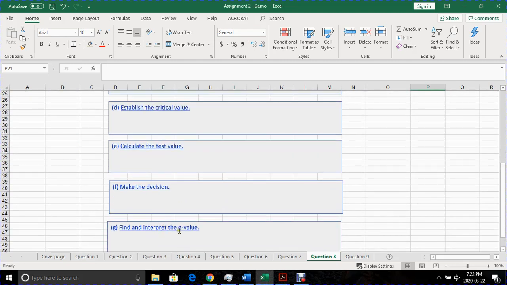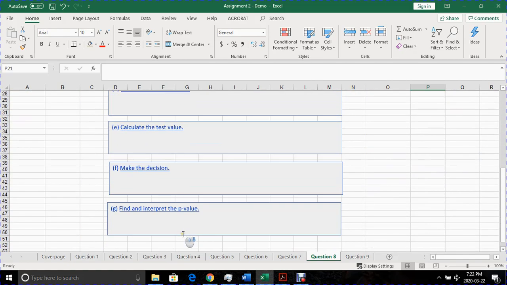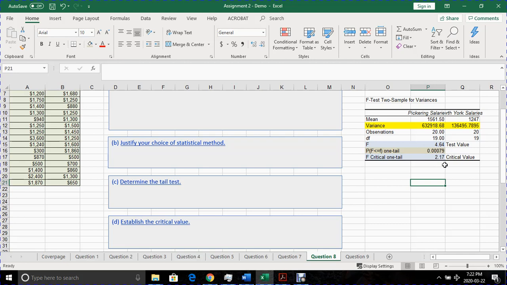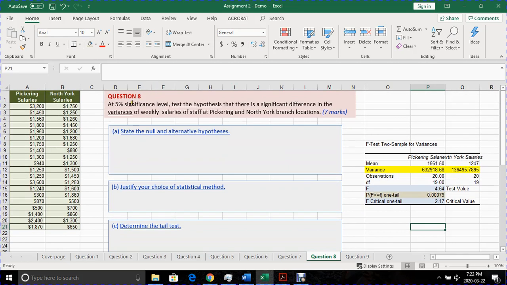So the p-value is in fact 0.0079. If we compare that with the significance level of 5%, since the p-value is less than the significance level of 5%, that goes to confirm our decision to reject the null.